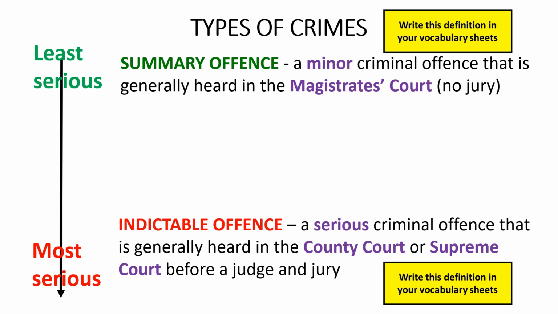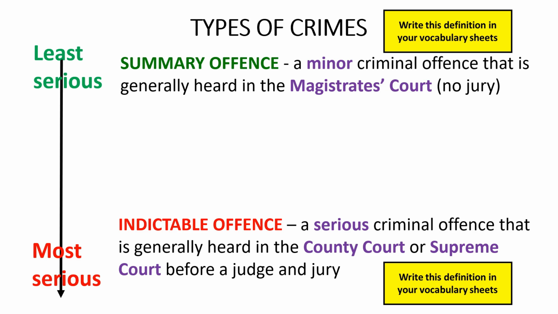First, a summary offence is a minor criminal offence, whereas an indictable offence is a serious criminal offence. Second, a summary offence is generally heard in the magistrate's court, where there's a magistrate but no jury, whereas an indictable offence is generally heard in the county court or the Supreme Court before both a judge and a jury. In the next video, I'll explain in more detail the roles of a magistrate, judge and jury in a criminal case.